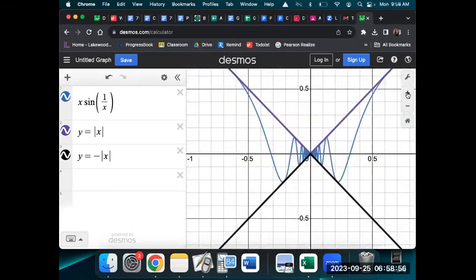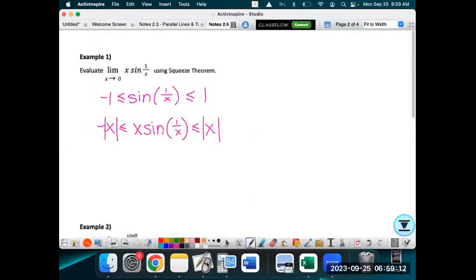Now, if you don't trust that it's all real numbers, then pick an interval around 0 that you can say for certain the upper function's above and the lower function's below, like from -0.5 to +0.5. That would work. I'm just going to say for all real numbers. So this is our first criteria.